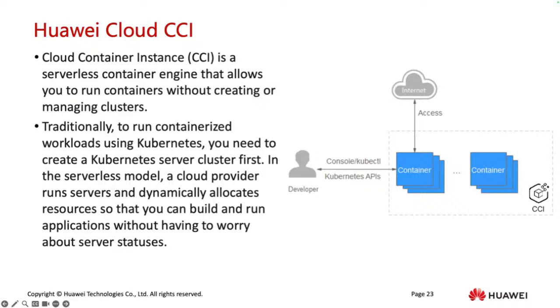Our CCE Cloud Container Instance uses the serverless model that allows you to directly create and use containerized workloads on the console or by calling kubectl or Kubernetes APIs. And you only pay for the resources consumed by these workloads. So in summary, Huawei Cloud Container Instance is designed to make deploying and managing containerized applications as easy and cost-effective as possible.